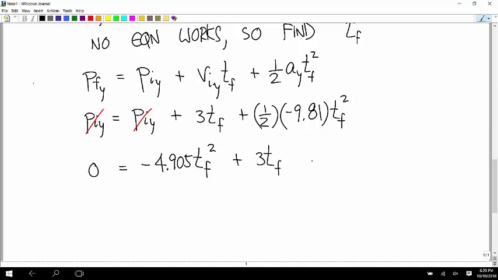Quadratic formula will work. Or if you see it, you can factor out a t_f. Each of these two terms has a t_f. So you get t_f times negative 4.905 t_f plus 3.